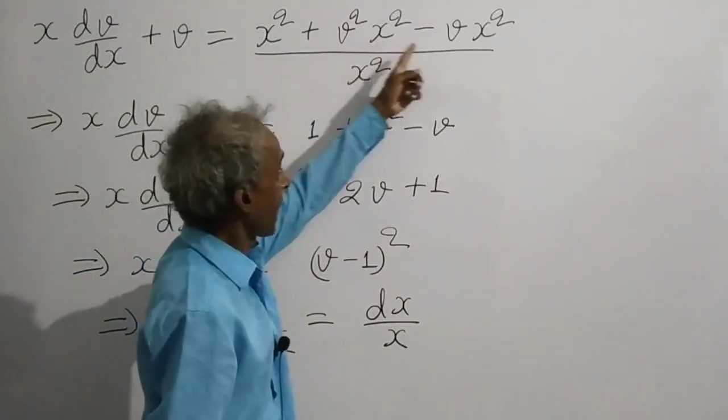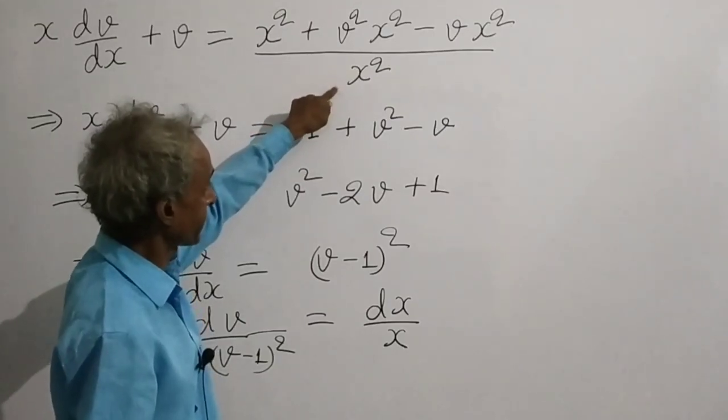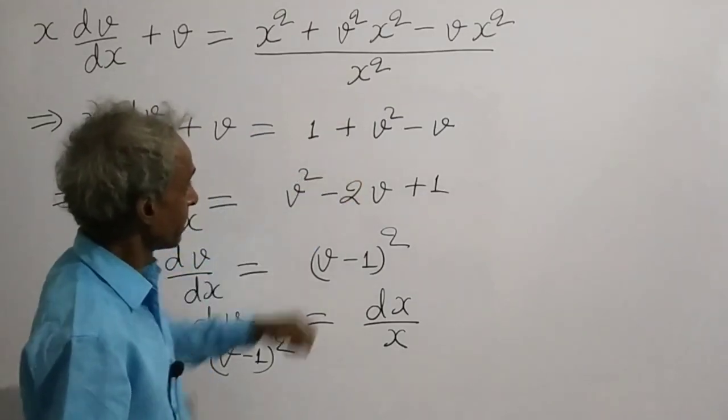Taking x square common from numerator and cancelling this x square, we get this.